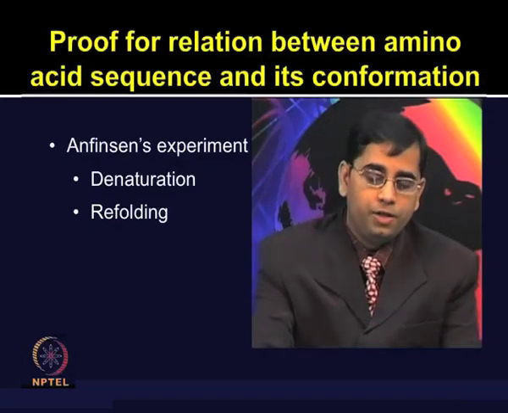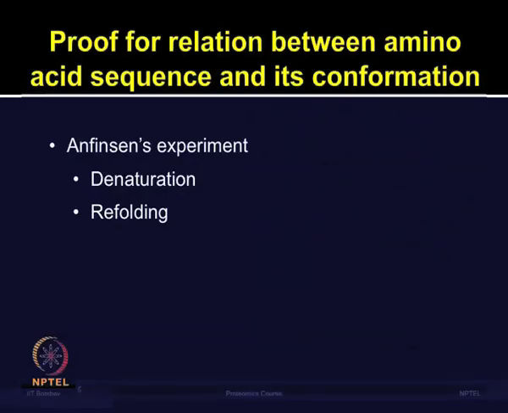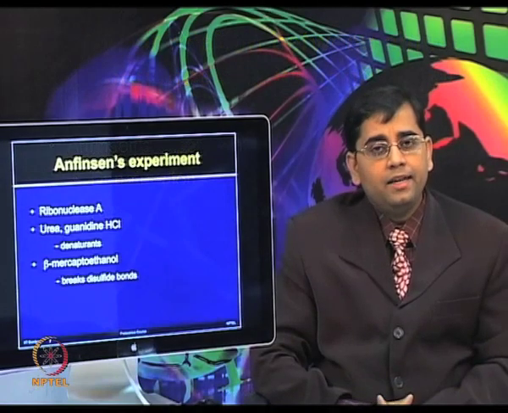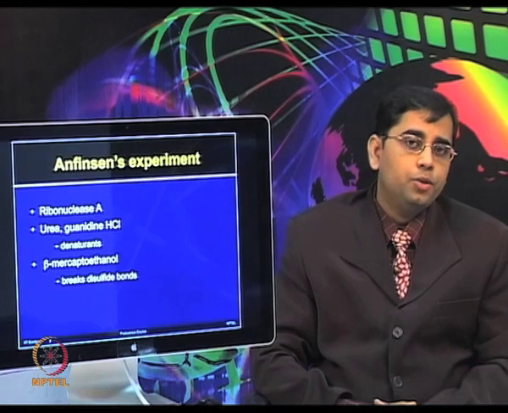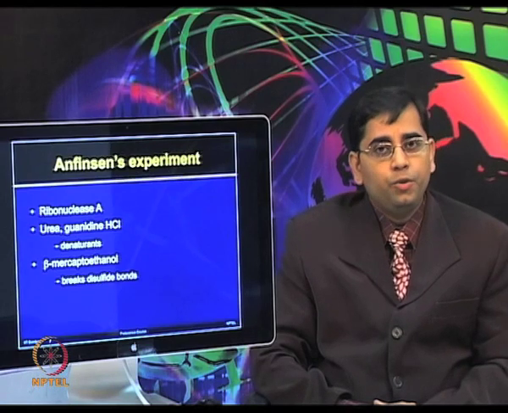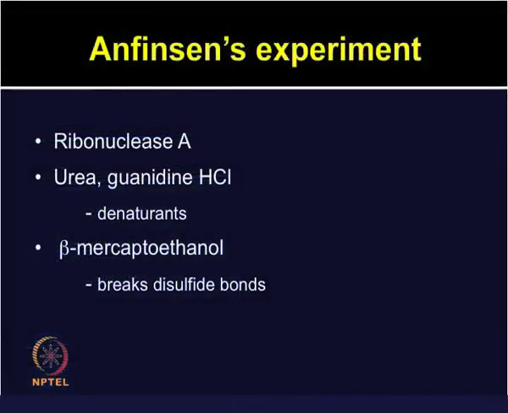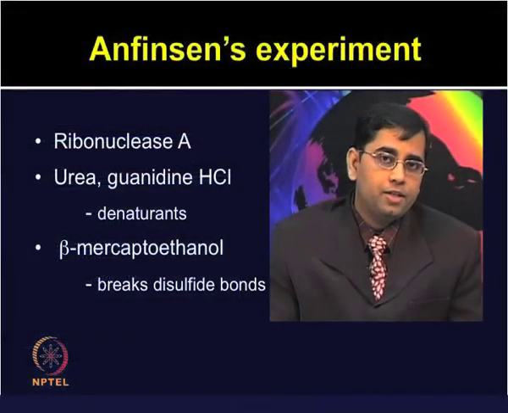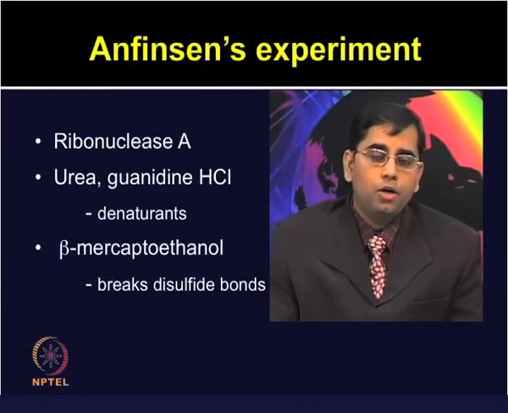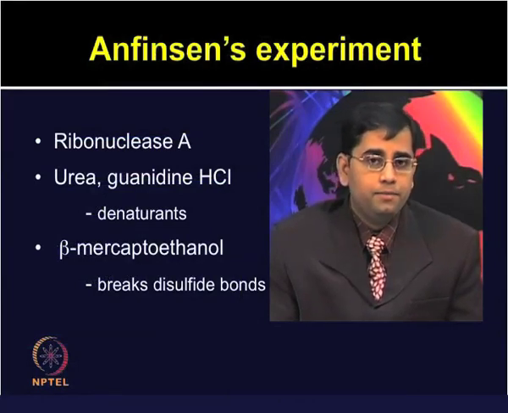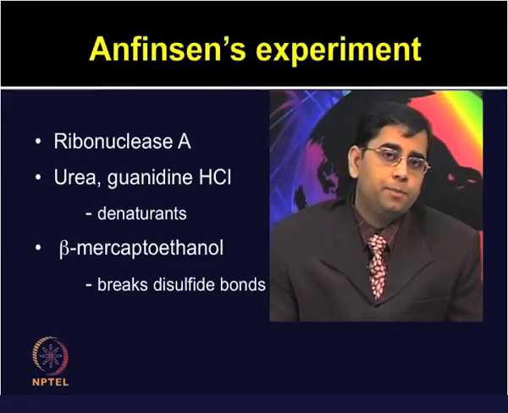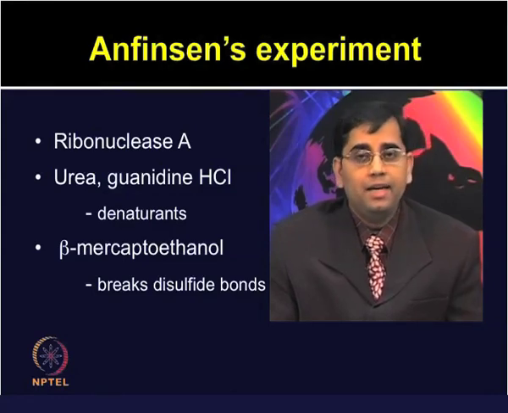So, how do denaturation and refolding work? In this classical experiment, Anfinsen used the protein ribonuclease A. He used a few denaturants such as urea or guanidine hydrochloride, and ß-mercaptoethanol, which breaks the disulfide bonds.